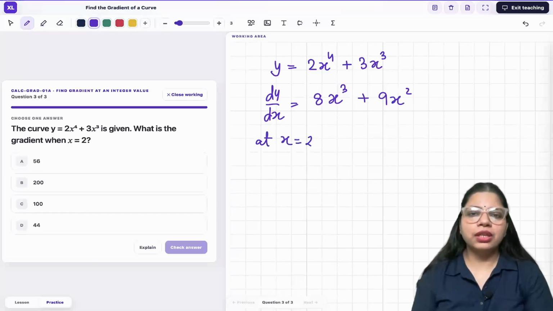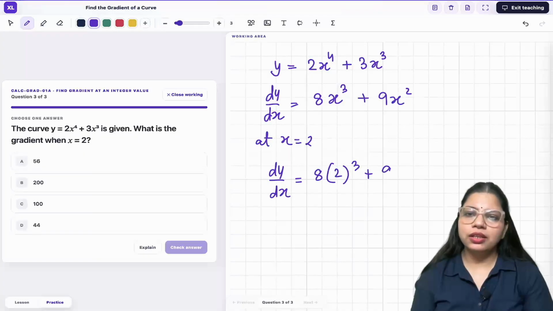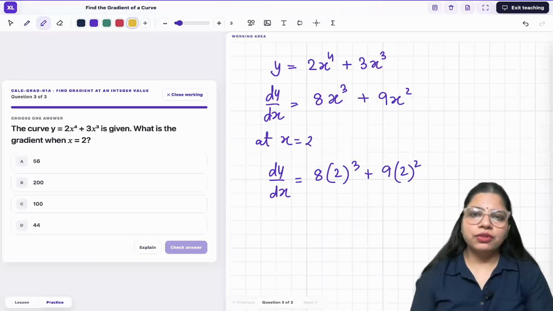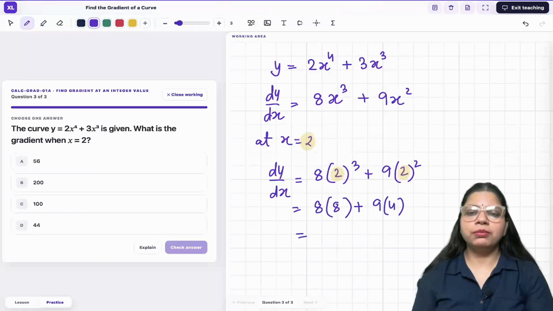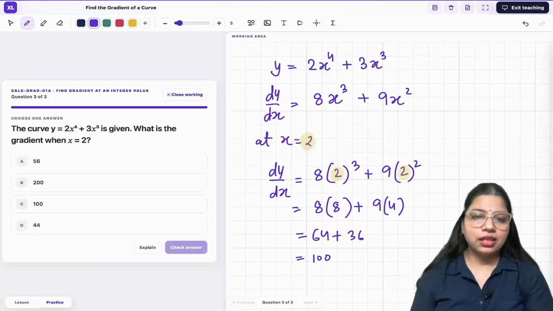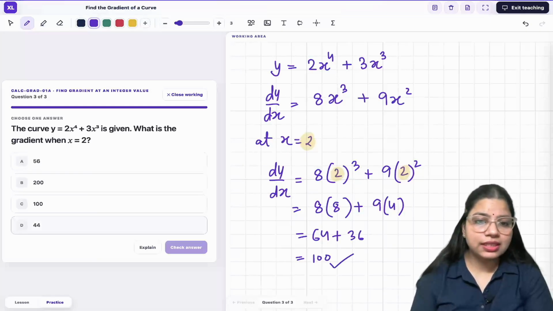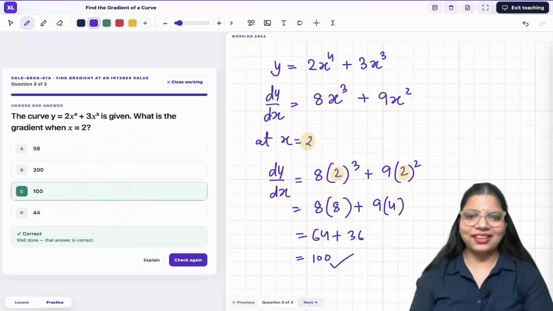So we substitute x equals 2: 8 times 2 cubed plus 9 times 2 squared. 2 cubed is 8 times 8 is 64, plus 9 times 4 is 36. So 64 plus 36 is 100 is the answer. Let's check. Yes, it is correct.